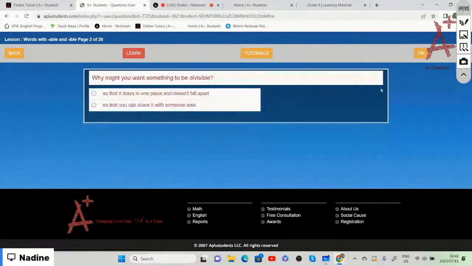So why might you want something divisible? Is it so that it stays in one place or one piece and doesn't fall over, or so that you can share it with someone else? Why might you want something to be divisible?